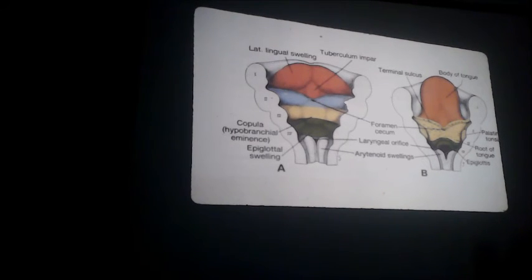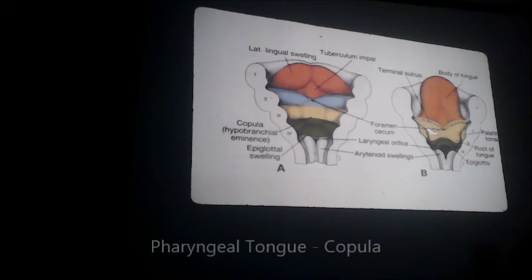And you have 4 bumps sitting on the arches from the inside. The 3 up front give you the anterior tongue: lateral swellings and the tuberculum impar fusing together. And then this big bump in the back gives you the posterior or pharyngeal tongue, the copula. So these are the 4 bumps that give you the entire development of the tongue.